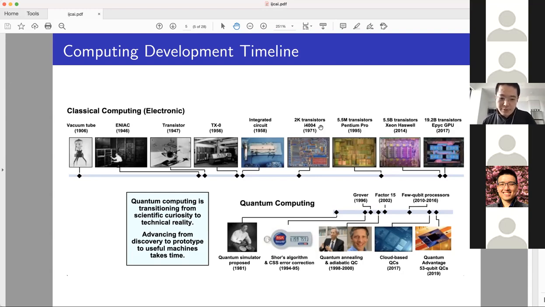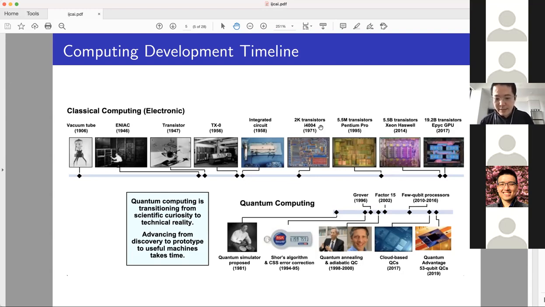But quantum computing goes a quite different way. It just got started in the 1980s. At that time, some people wanted to propose a quantum simulator. They wanted to simulate quantum mechanics.